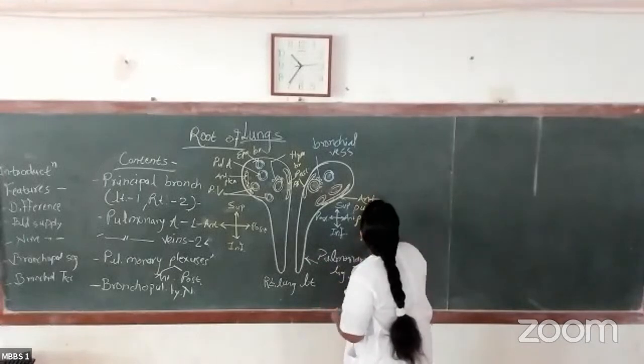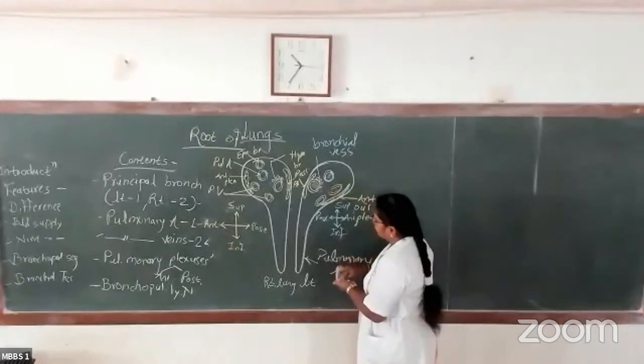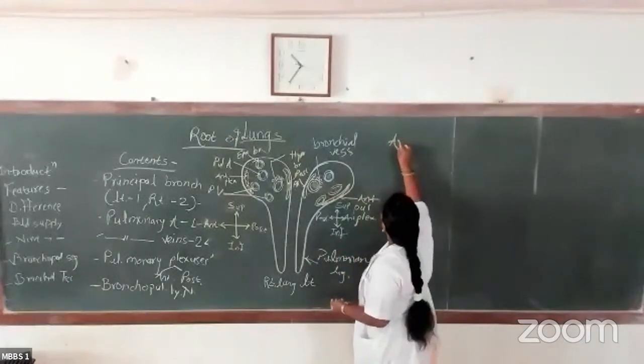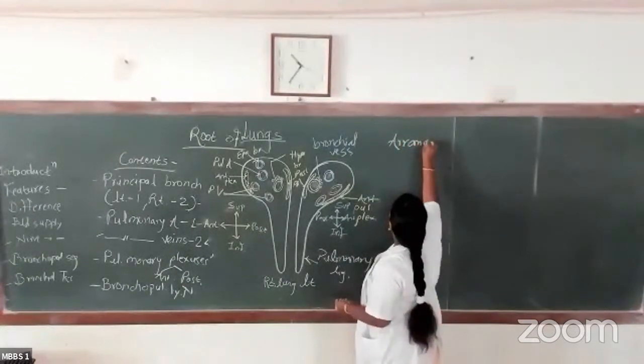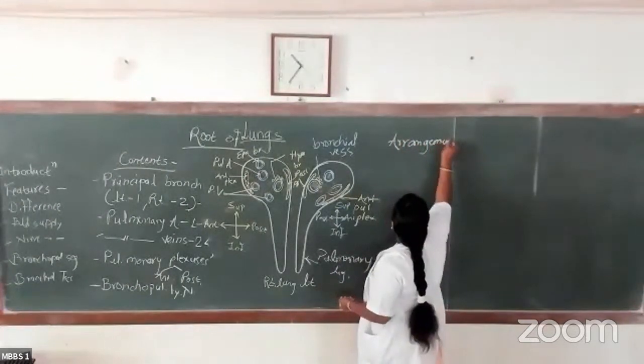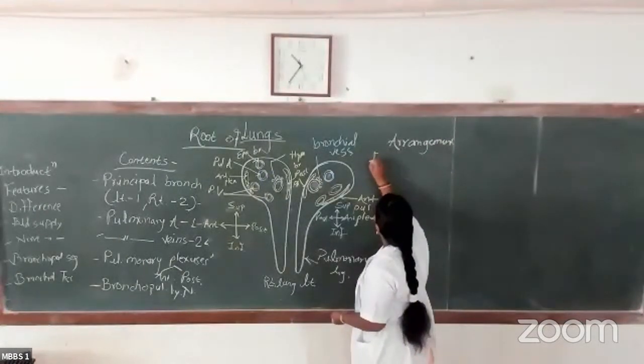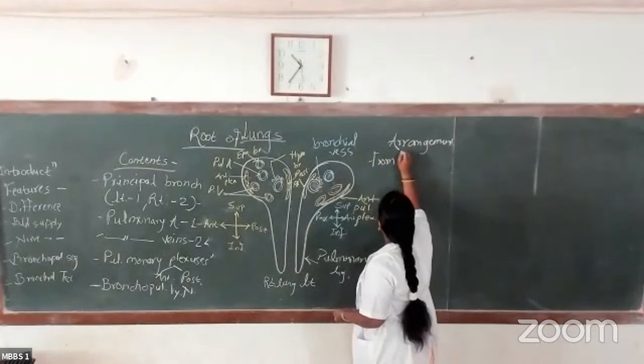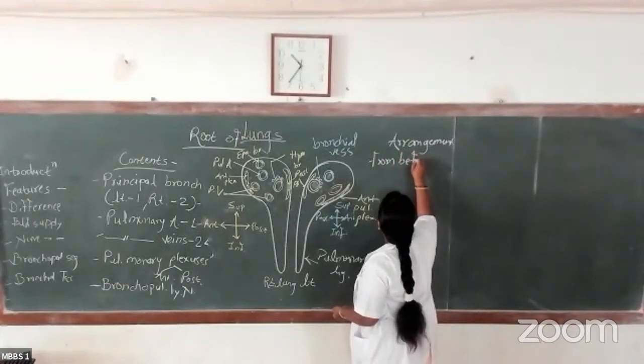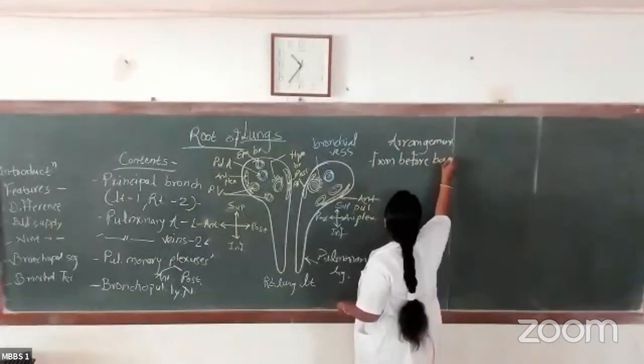Now we see the arrangement of structures in the root. How they are arranged. In case of both the lungs, from before backwards, it is similar. How to remember?